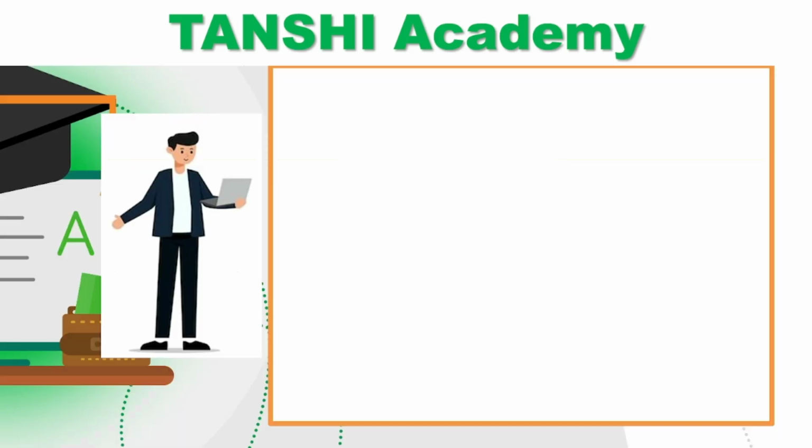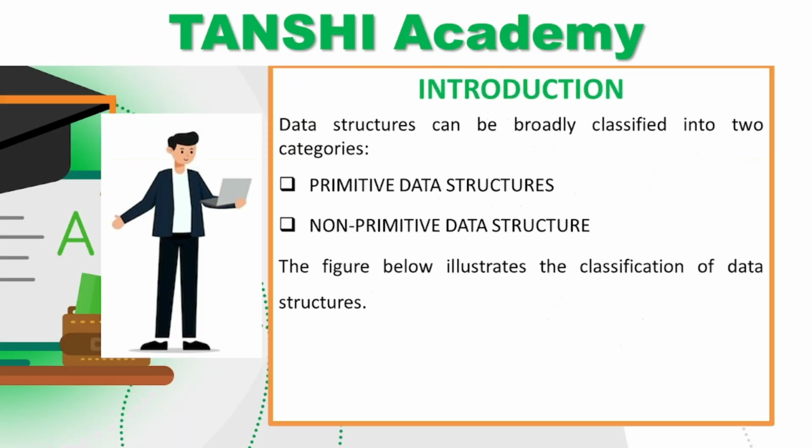So let's continue. Introduction. Data structures can be broadly classified into two categories. We have primitive data structures and we have non-primitive data structures. So take note, two broad classifications: primitive data structures, as we are going to see, are simple data structures.